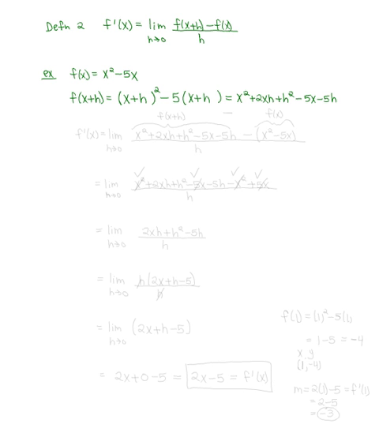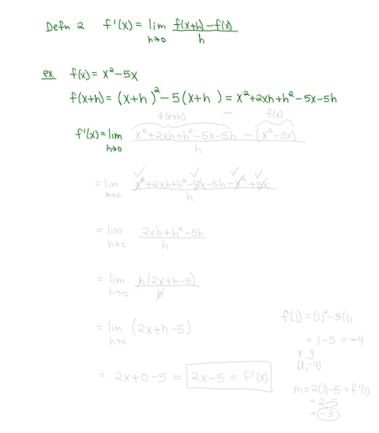So now we can go ahead and use the definition and take the limit of this difference quotient. We obtain f prime of x equals the limit as h approaches 0.